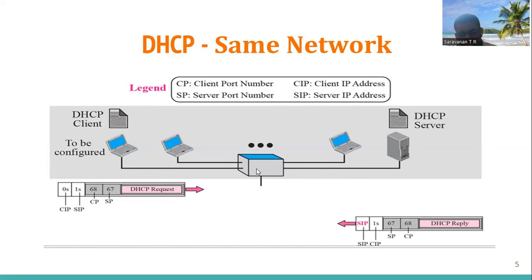After that, a connection is established between the source port 67, which is the server port number, and destination port 68, the client port number. After that, acknowledgement will be sent, and a connection will be established when we are going for the same network.